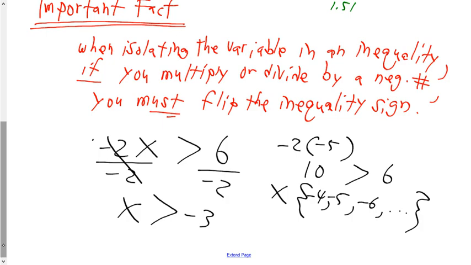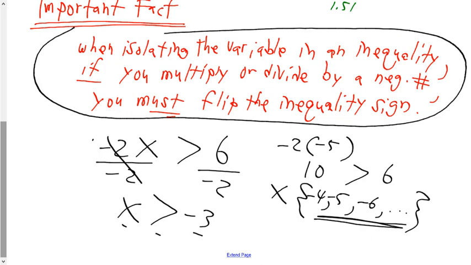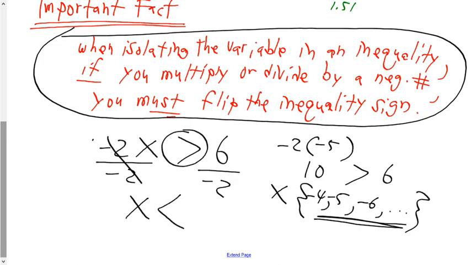But when I read it, it says all numbers greater than negative 3. And are these numbers greater than negative 3? No, they're all the opposite of that, right? Every one of those numbers is a number that's less than negative 3, not all numbers greater than negative 3. So there's a mistake that happened when I isolated it. And if you follow this rule here, it self-corrects the mistake. Because I divided both sides by a negative value, in inequalities what you're supposed to do is take this sign and flip it.